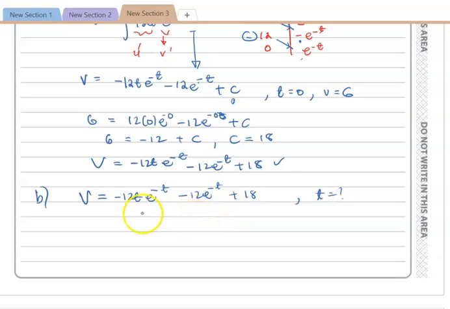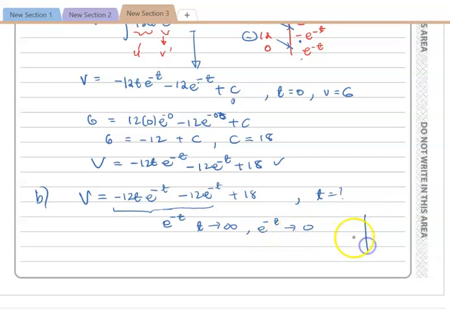But you have to note one thing here. You see these functions over here? They have a function which is e to the power of negative t. As t goes to infinity, e to the power negative t goes to 0.